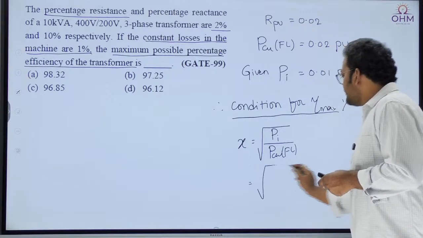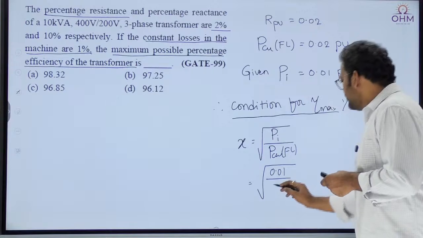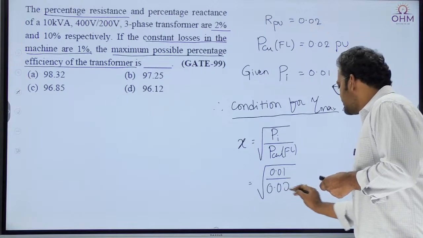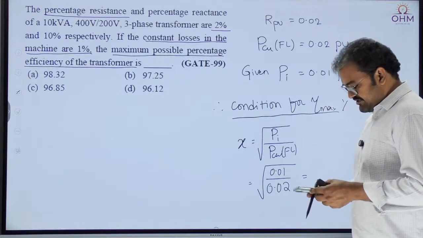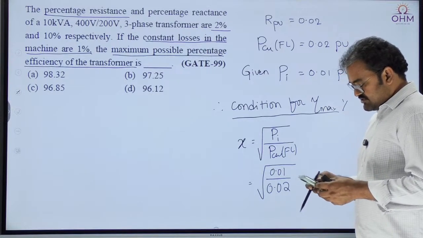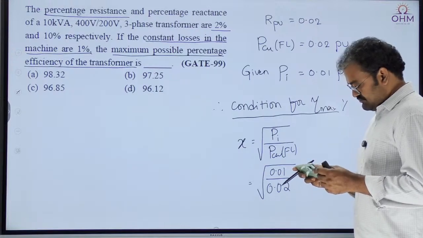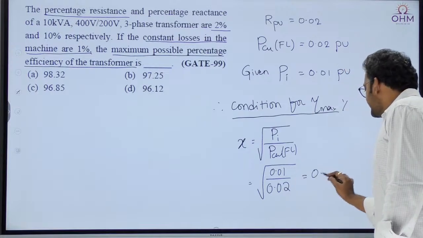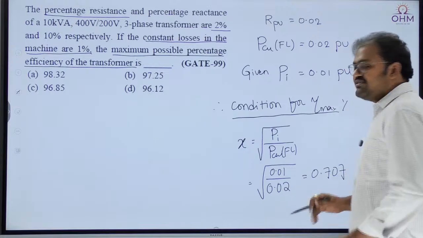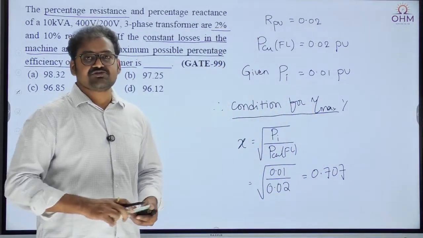So, square root of iron loss 0.01 by full load copper loss 0.02. This will give you the condition for maximum efficiency. So, let me do the calculation. So 0.707. Therefore, maximum efficiency can be obtained at a load where x equals 0.707.